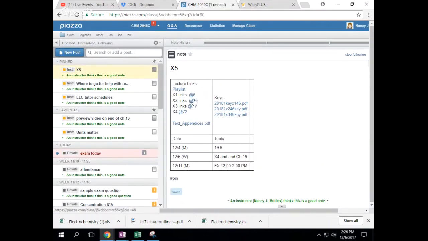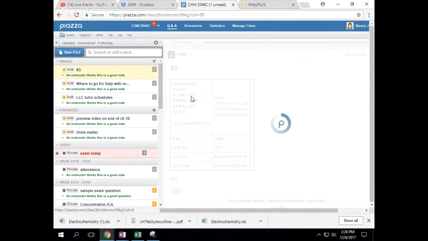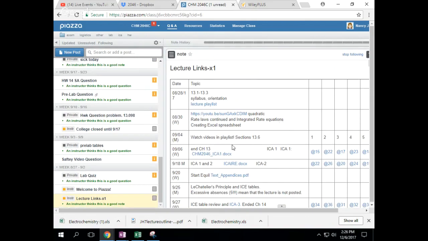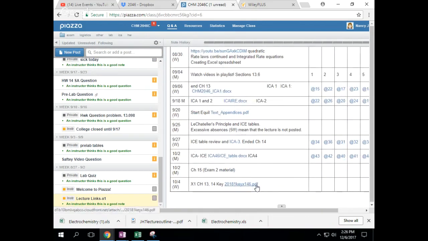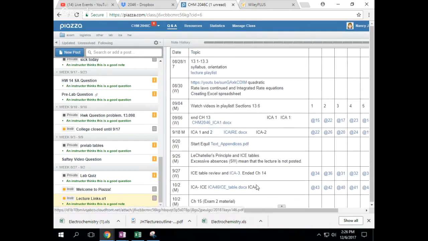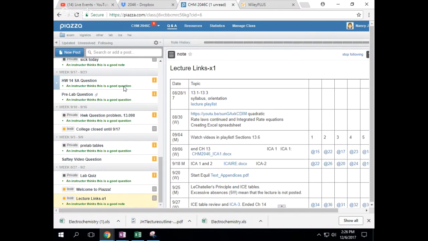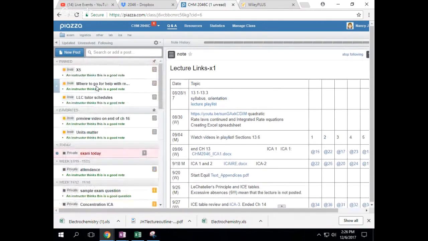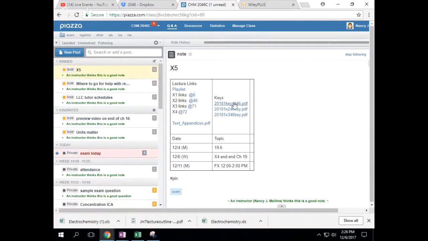It has the links to all the individual lectures. Why might you want all the individuals? This is why. Let's say I want to go back to exam 1. It tells me which day we were talking about what topic, so that if you want to go to your playlist, you know which day to look for to find that topic. That's why I do the lecture links. I also collected all of the exam keys.